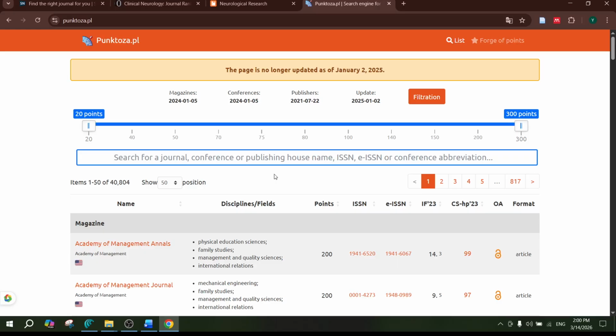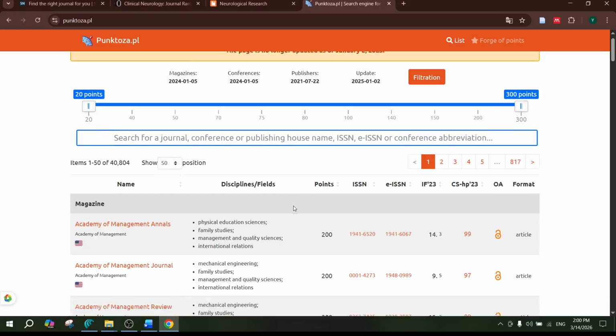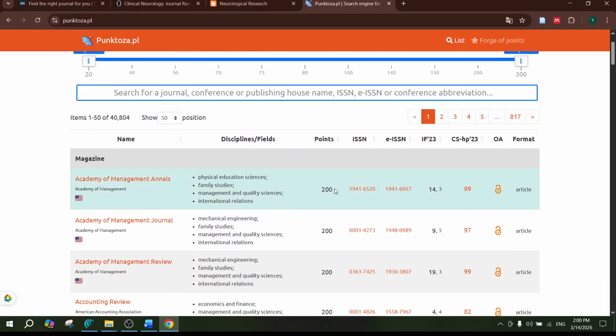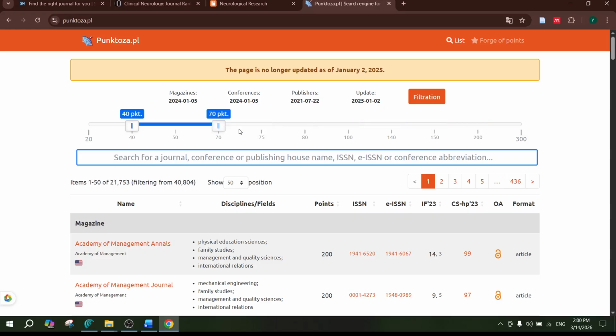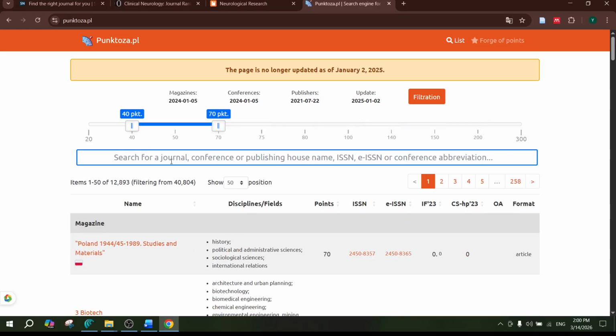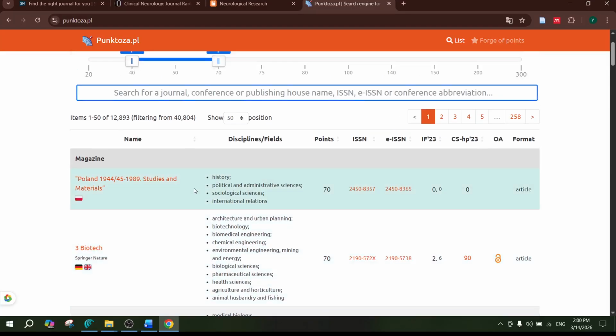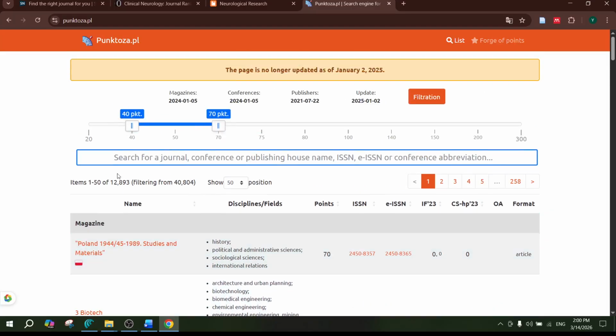They evaluate your work based on those points, which are assigned to the journal. Like if you published a research paper in this journal, you will get 200 points. And I can filter the journals based on a specific scale, like between 40 and 70. Of course, the lower the points, the lower the quality of the journal. The higher the points, the higher the quality of the journal.